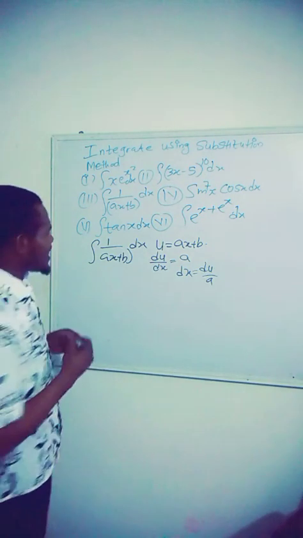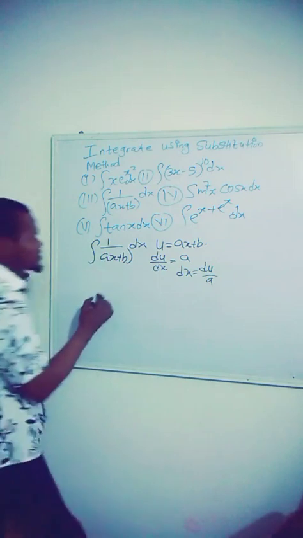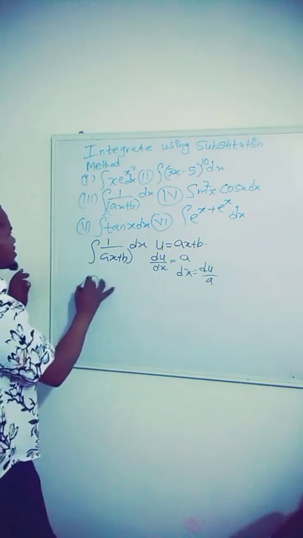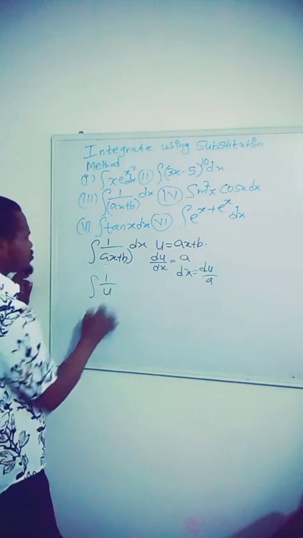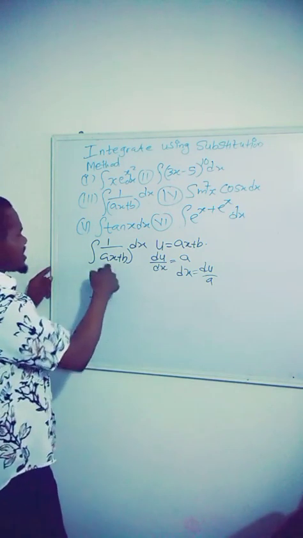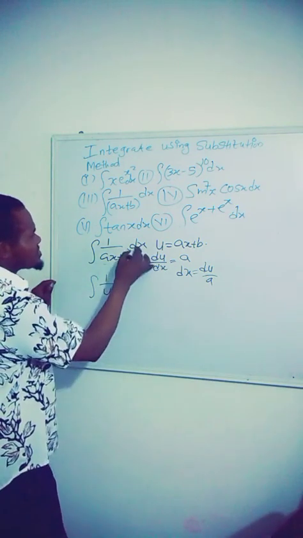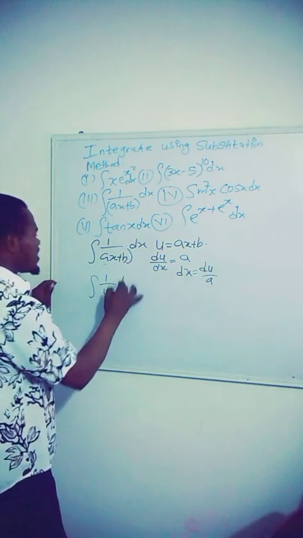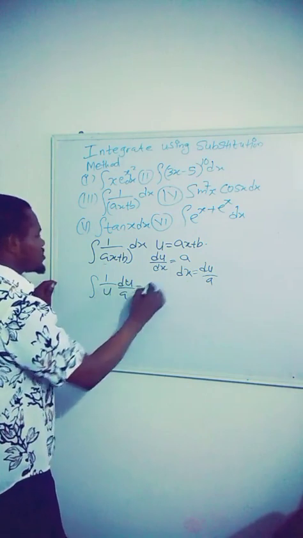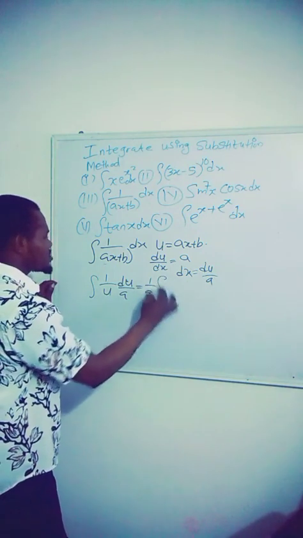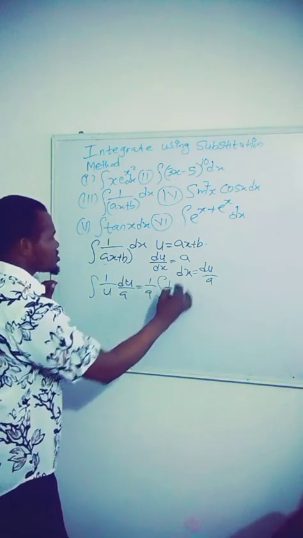So now if that is clear, then let's put this. You can now say integral of 1 over, we've replaced everything here as u, then multiplied by dx. dx is du over a. So you can now say 1 over a integral of 1 over u du.